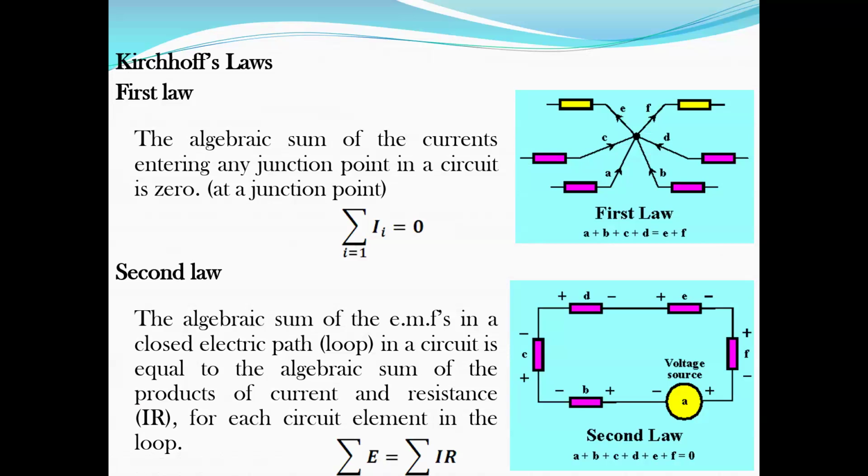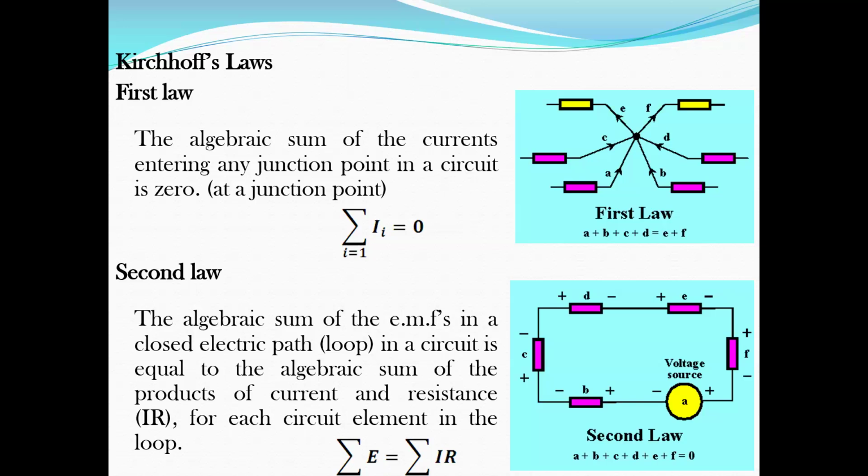I think you remember. Another one is the second law. We can say the algebraic sum of the EMFs in the closed loop in the circuit is equal to sigma IR: sigma E is equal to sigma IR.